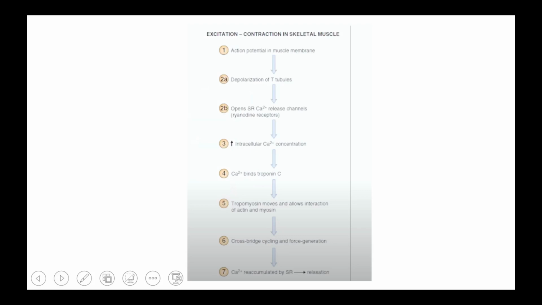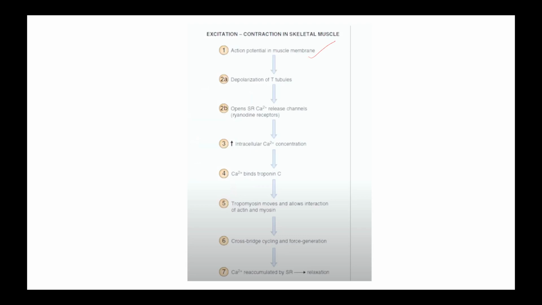Okay, so this is the summary. The first one is the action potential in the muscle membrane. The action potential arises, which causes the depolarization of the T tubules, causes the positive charge, and it opens the channels, which causes the sarcoplasmic reticulum calcium release channels, which are ryanodine receptors, to open. This increases the intracellular calcium concentration.